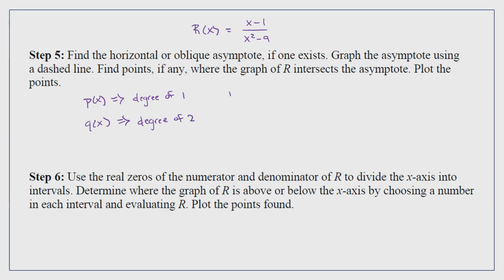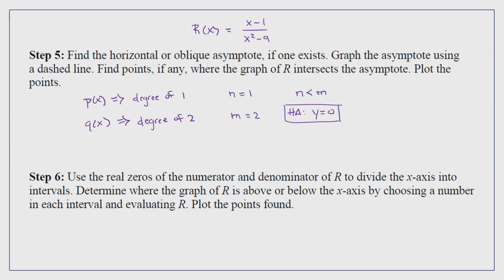So that means n equals 1 and m equals 2. So n is less than m. Since n is less than m, our horizontal asymptote, which I abbreviated HA, is going to be y equals 0, which is our x-axis. Okay.